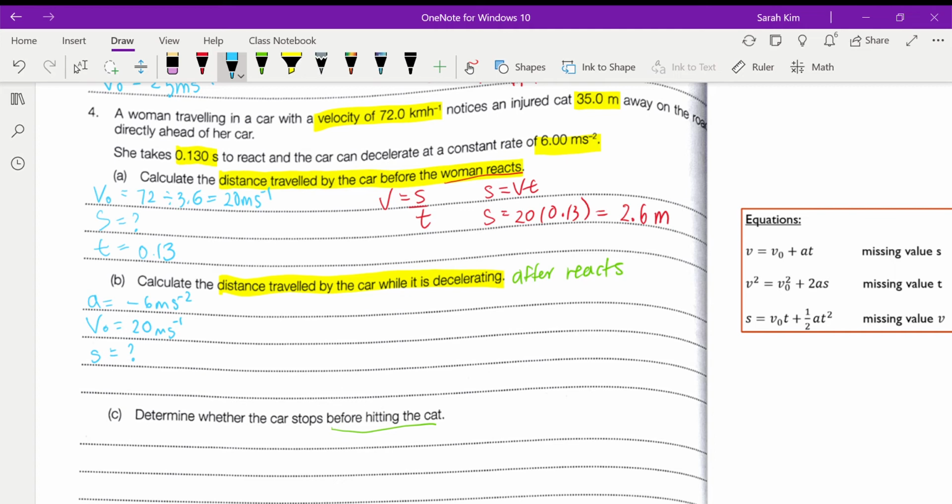My V final should be 0 because, hopefully at the end of it, I want the velocity to be 0. I don't want the car to be moving anymore. So hopefully we can see that T is missing from my facts. So that will be this one, and I use that equation. Just write it down first.